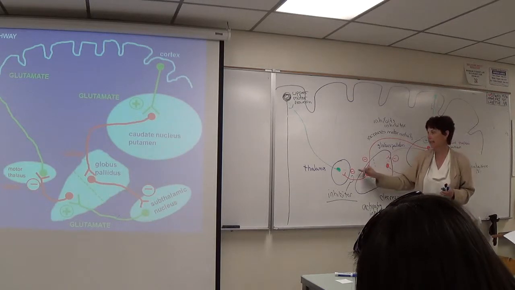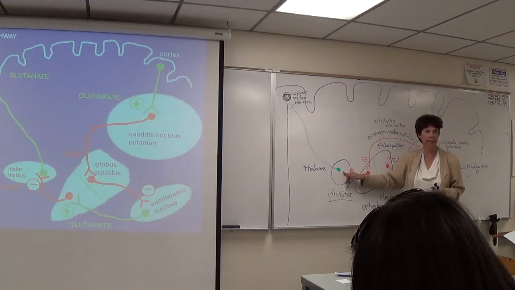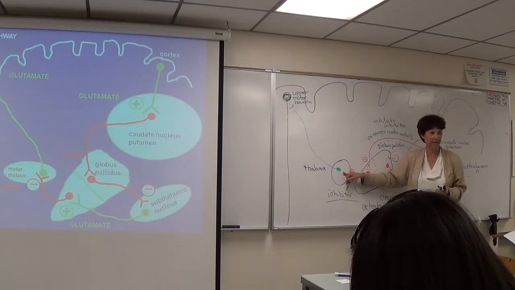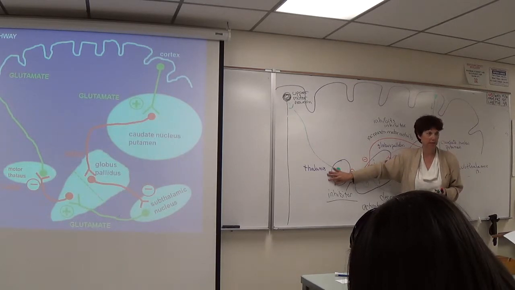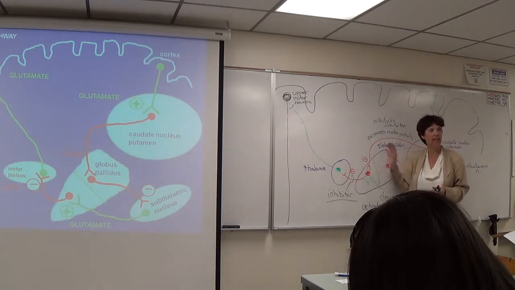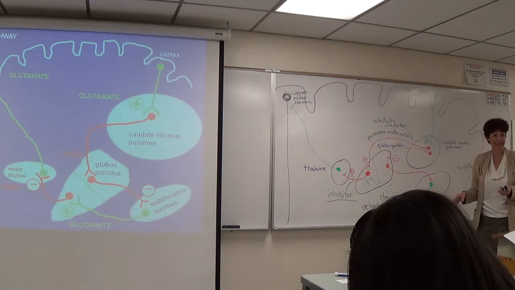If it doesn't send a signal down its axon, it doesn't release any neurotransmitters. If it did, its effect would be to make this cell more negative, and this cell wouldn't work. That's the double negative I'm talking about.